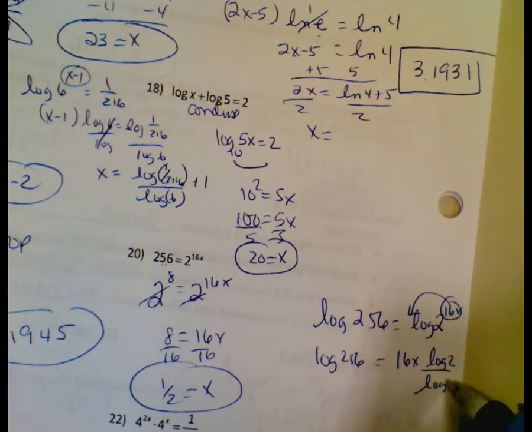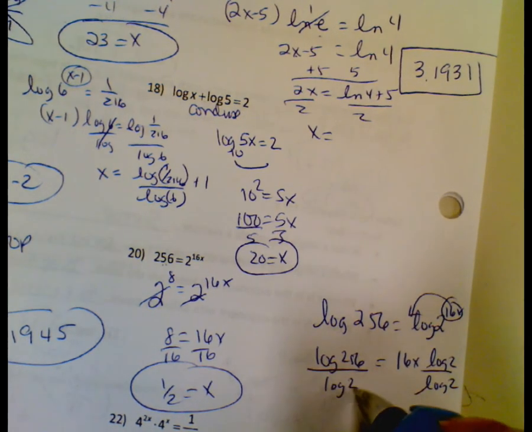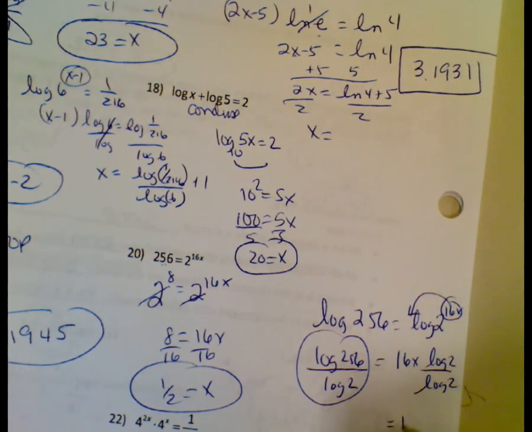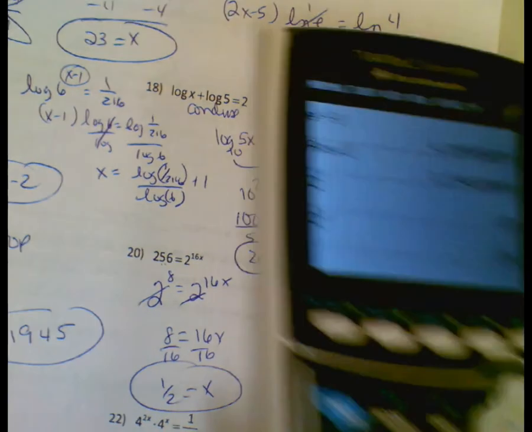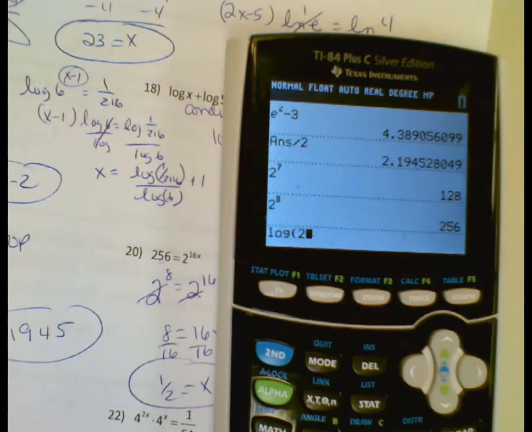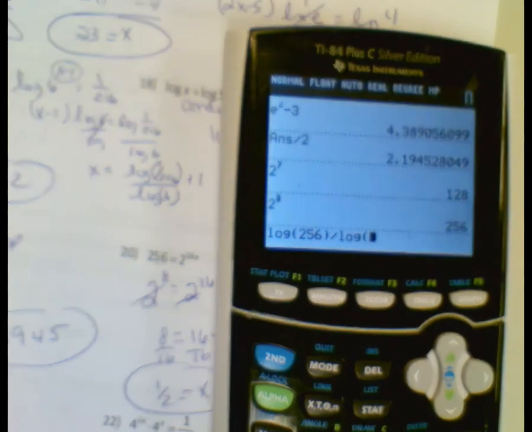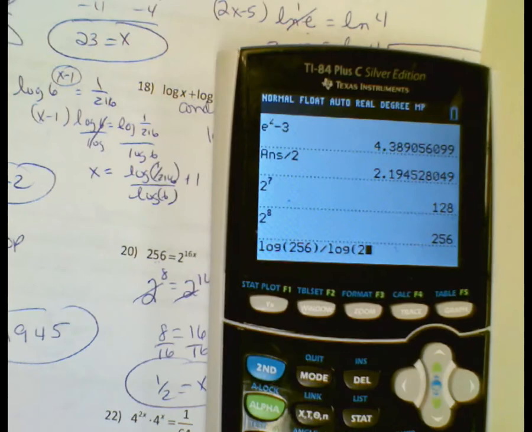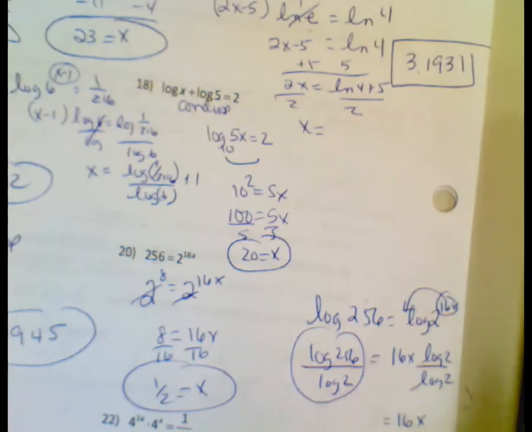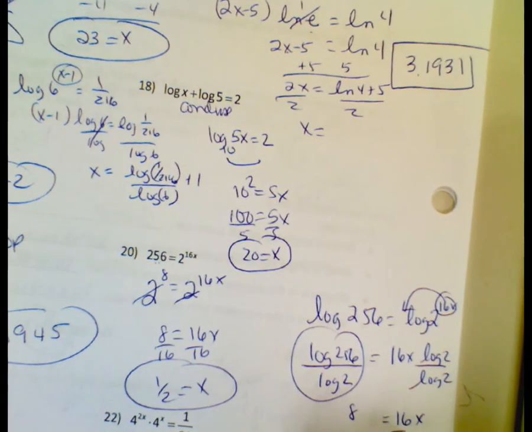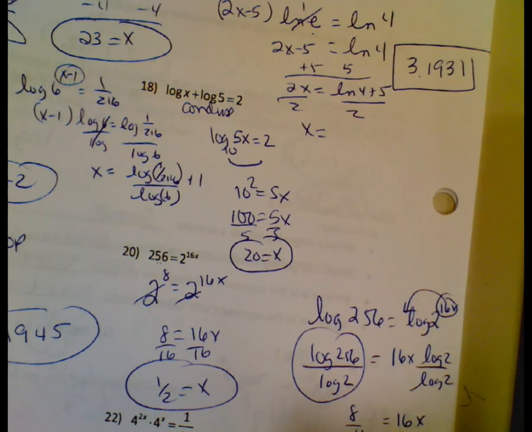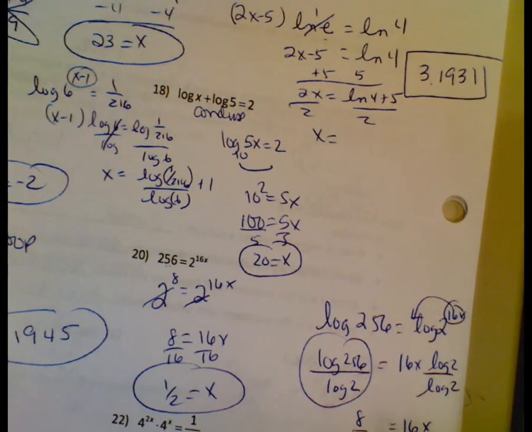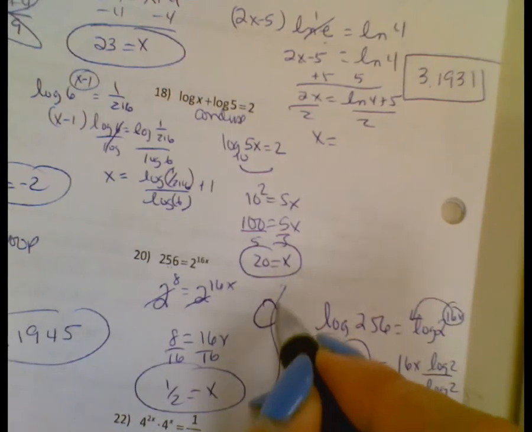Divide both sides by log 2. So punch that in your calculator. Log 256 divided by log 2. And you get 8. And then divide by 16, and you still get the 1/2. So you can do it either way. Or, I'll put an or there.